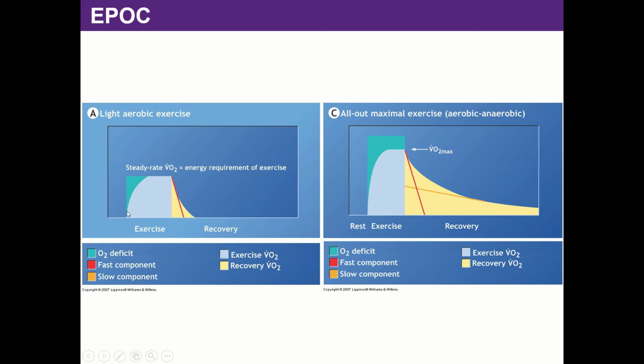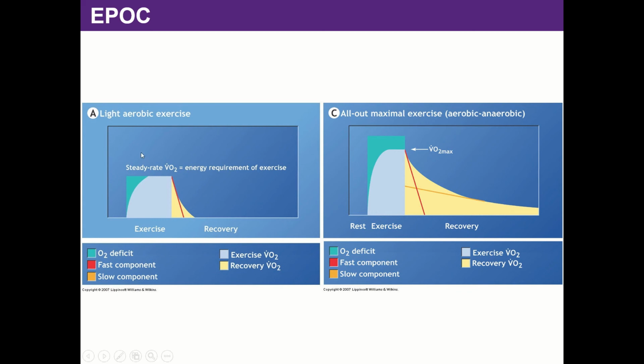So if they had been able to supply oxygen to the working muscles right from the start of the exercise, we needed oxygen at this rate, but it took us a little while to open those blood vessels and to increase our heart rate, right? And so this area then here, all this green, is anaerobic energy. So we have borrowed against our credit card. We have broken down phosphocreatine and we've broken down glycogen anaerobically to supply that energy.